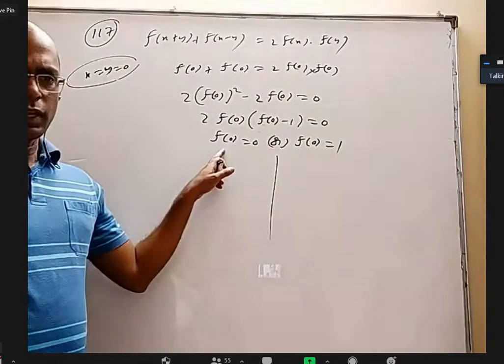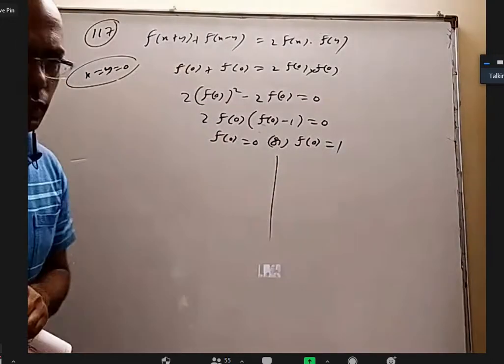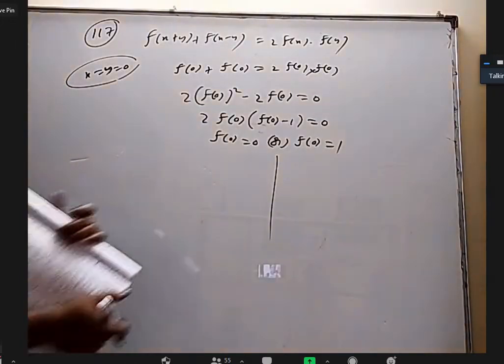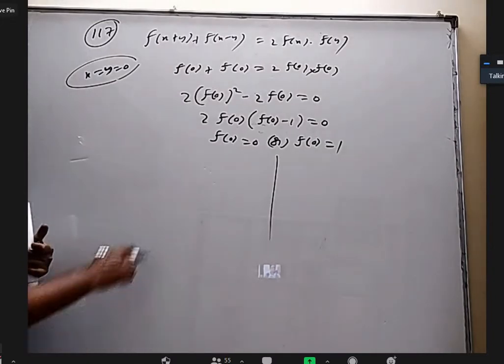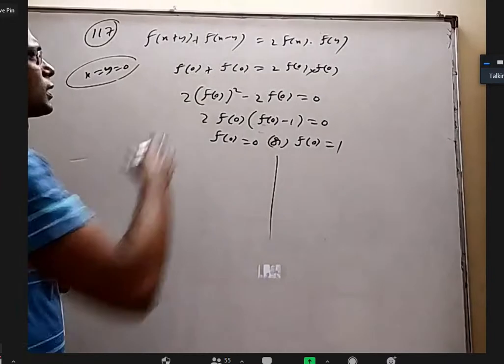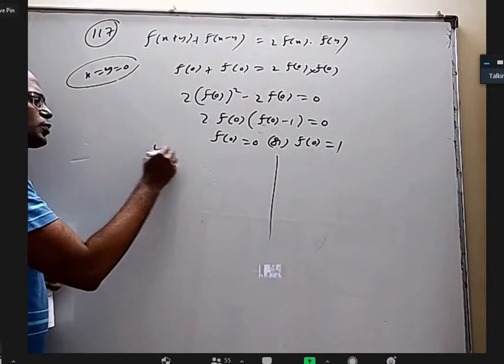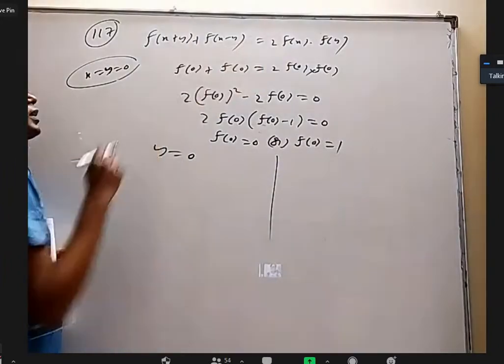But anyway, if f(0) is 0, what happens? There may be many functions satisfying this where f(0) is 0, but I think all of them are odd functions or even. Let me see why. If I put y equal to 0 everywhere, what will happen? Let us substitute y equal to 0 here.